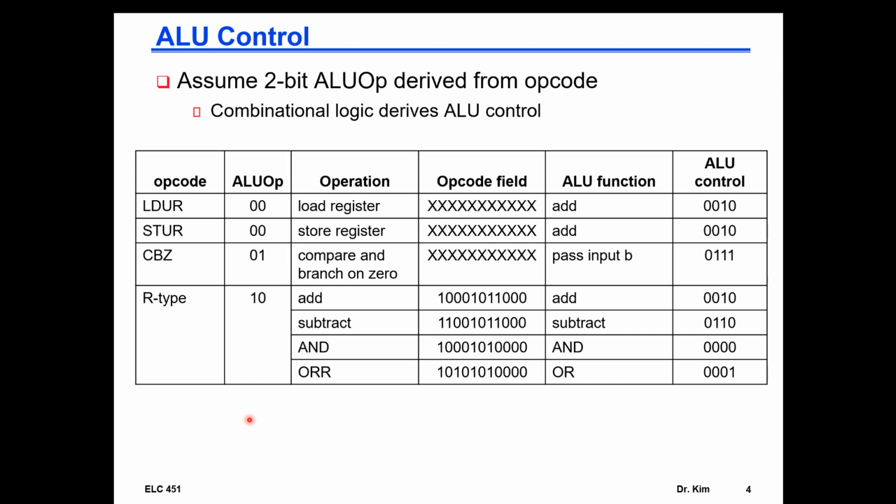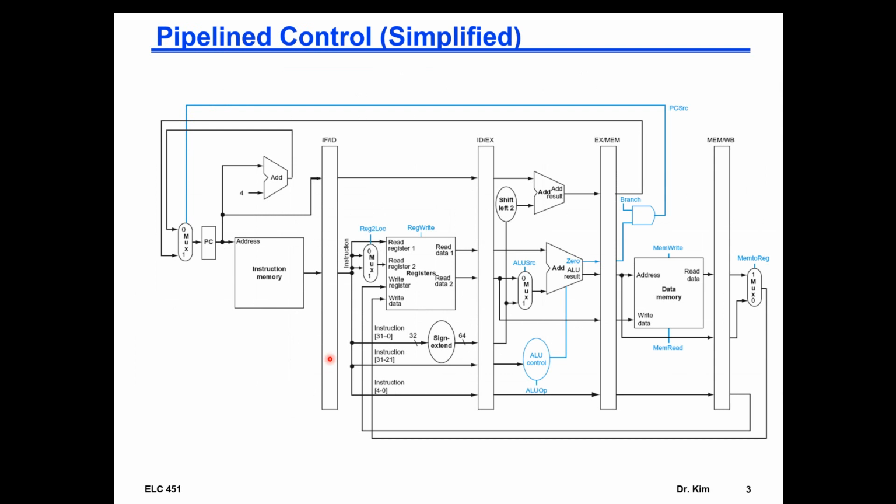We also are going to use the same ALU control that we had been using, and that is going to be in the execution stage. So this logic is the same one that we had formulated with the same truth table that we had come up with for the single cycle.